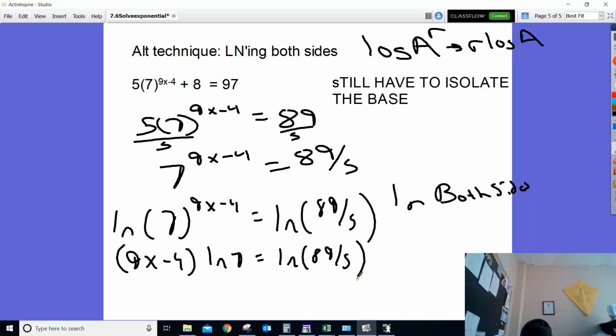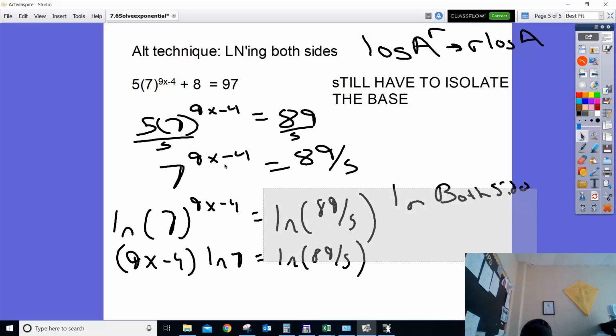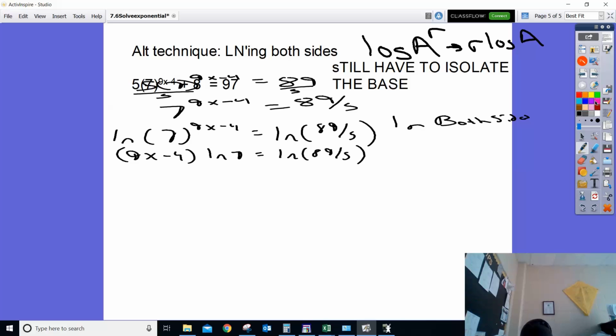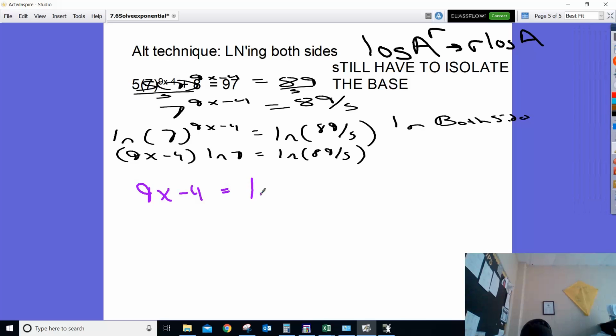I know you're a little intimidated by this whole natural log stuff, but big deal. You have 9x minus 4 times the natural log of 7. How do you counteract multiplication? Division. Divide that ln 7 out. So I have 9x minus 4 equals the natural log of 89 over 5 divided by the natural log of 7.